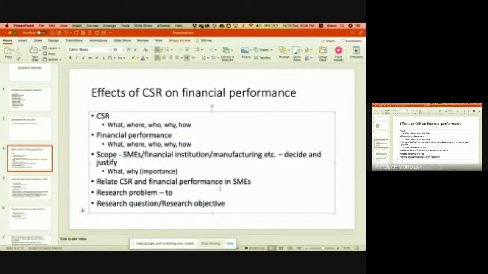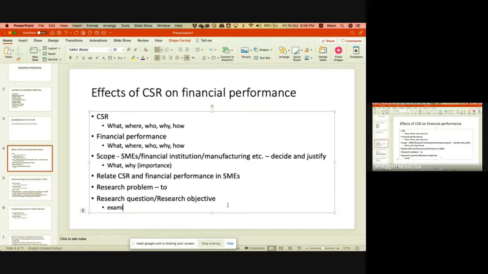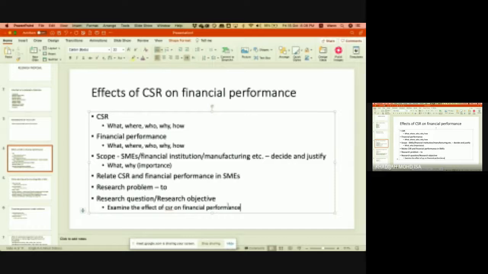For example, let's say your objective is to examine the effect of CSR on financial performance. If this is your objective, then you should know that in order to examine the effect of CSR on financial performance, how would I get the data?